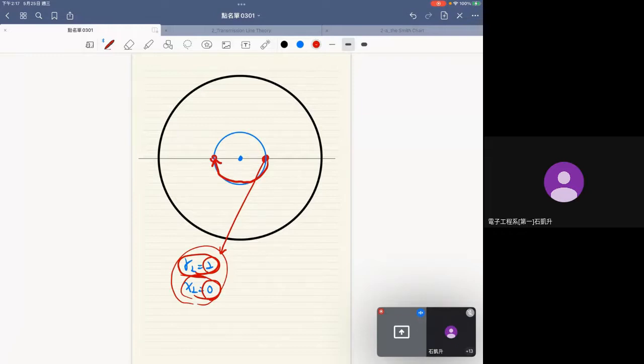This is the quarter wave. From this one to this one, and this will be the new Z in L and 0. Okay, the L is lambda over 4. This is one of the examples, and we will have more examples.